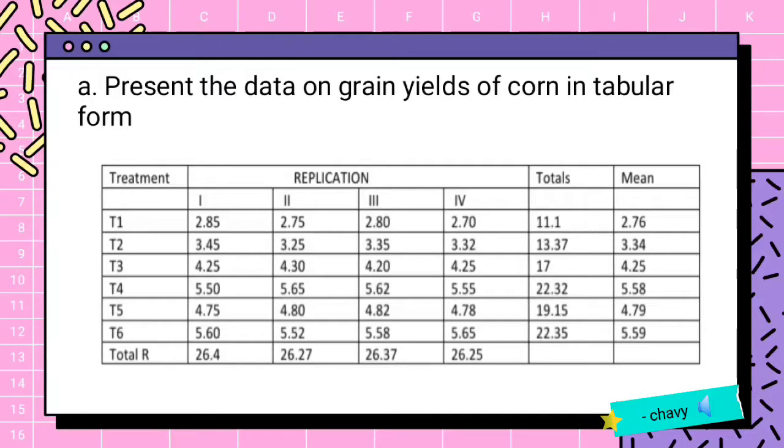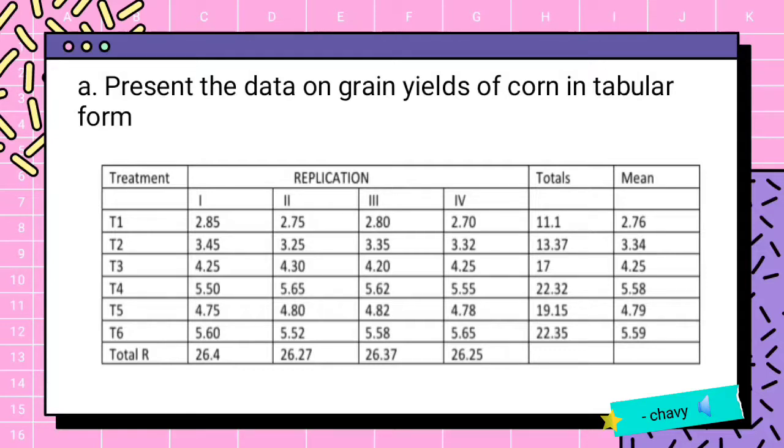Under treatment 1, replication 1, we have 2.85, T1 replication 2, 2.75, T1R3, 2.80, and T1R4, 2.70, and so on until treatment 6 replication 4, 5.65. In this table, we also derive the totals and means of each treatment across the 4 replications.